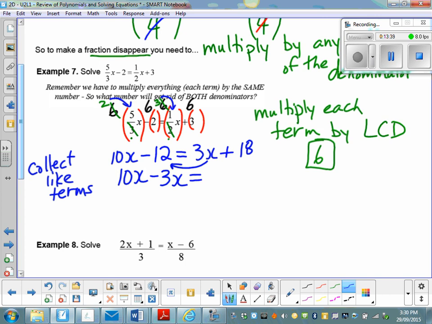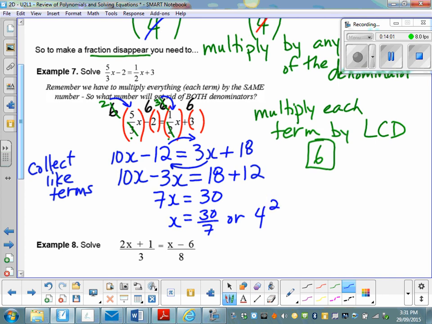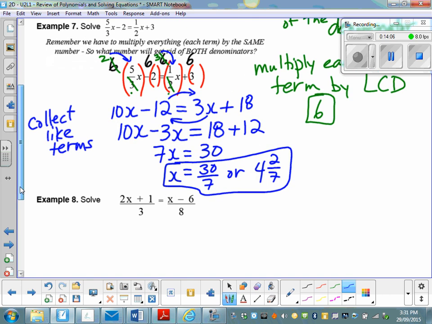On the other side, I've got 18 that's there already, and I'm going to bring this minus 12 over to collect the constants together, and it's going to change from minus 12 to plus 12. So we have 7x equals 30, so we end up with 30 over 7, or if you want to write it as a mixed number, you could write it like that. Okay, and that's how we handle a fraction.